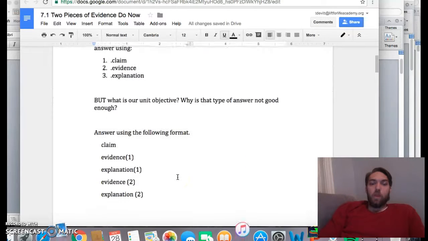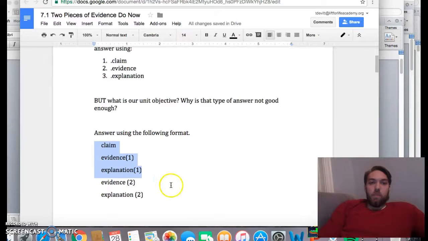So here's the format that we're going to use. It's really similar if you notice. So we of course still have our claim, where we answer in our own words. We have our evidence, our first piece of evidence that we pull. And then we have our explanation. So far, this is exactly what we've had. The difference is now we're adding this next piece of evidence.